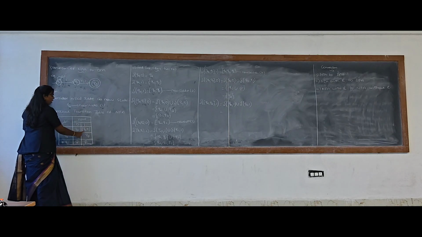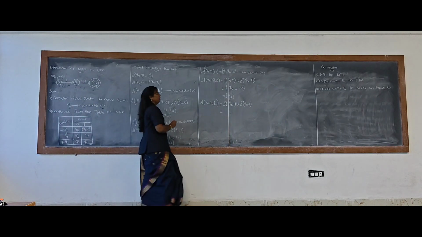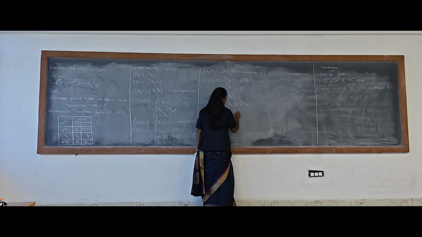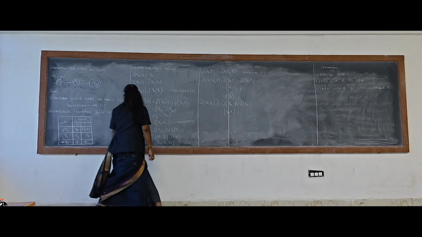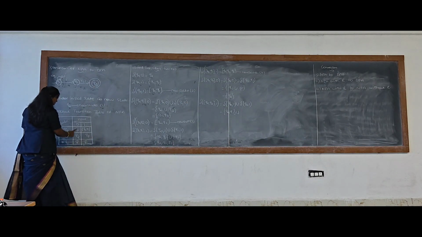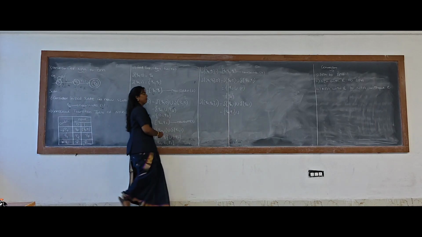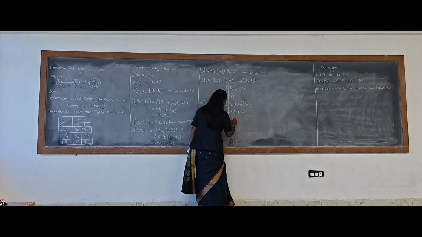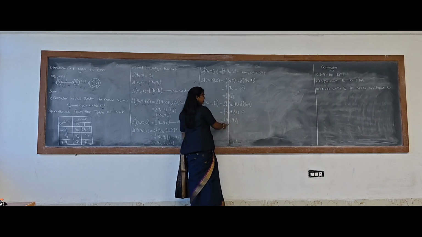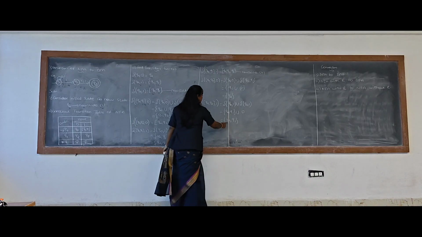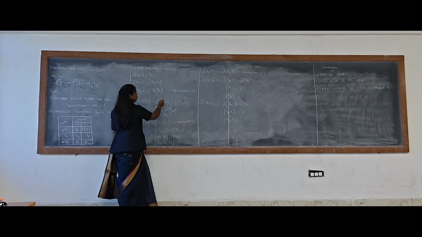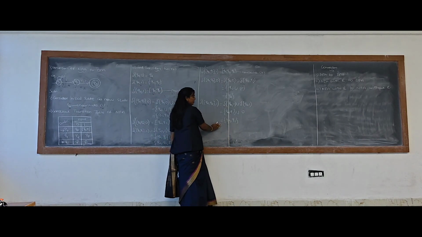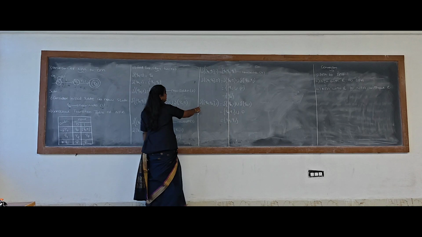So q0 comma q1 union transition of q2 comma 1. q2 comma 1, again there is no transition, which means phi. So finally we will get q0 comma q1. We check this state with the previous states. q0 comma q1 is already marked as new state 2, so leave this as it is. So we have completed finding the transition function for the new state 3.